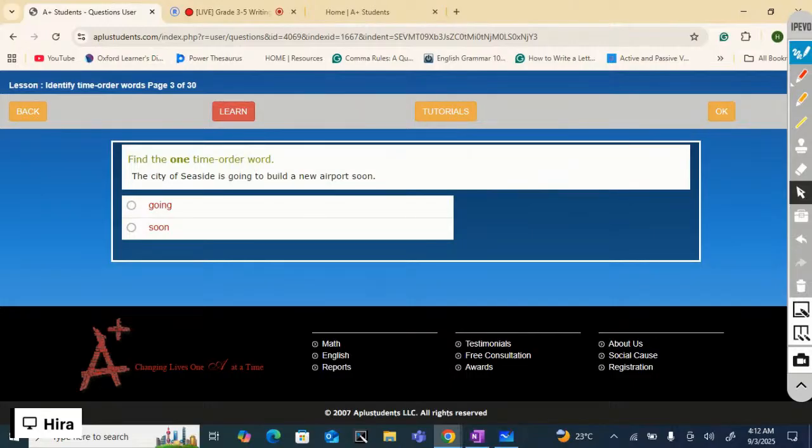Very good. It's option two, soon, because it tells about future. So it's a time order word.